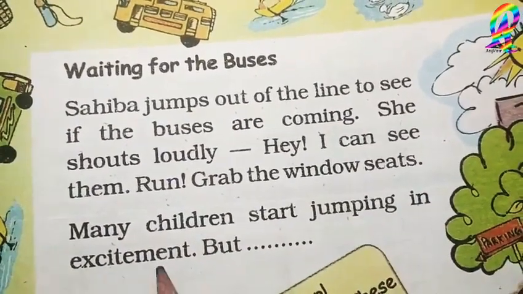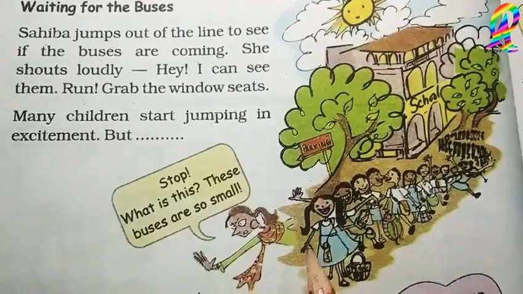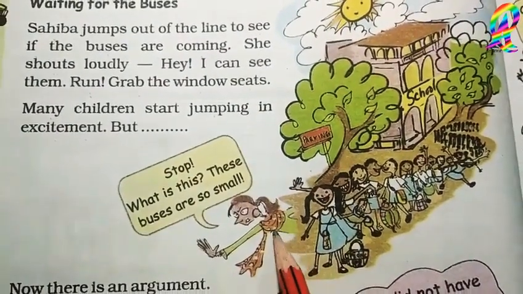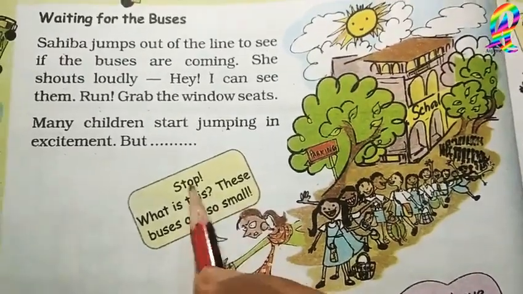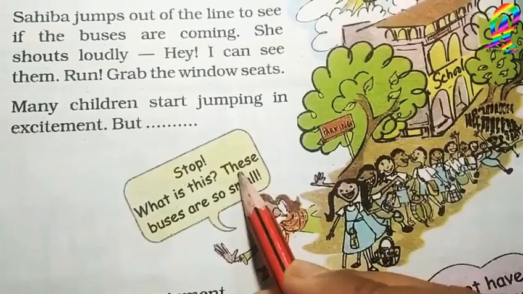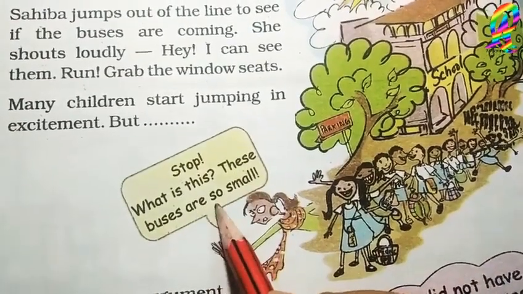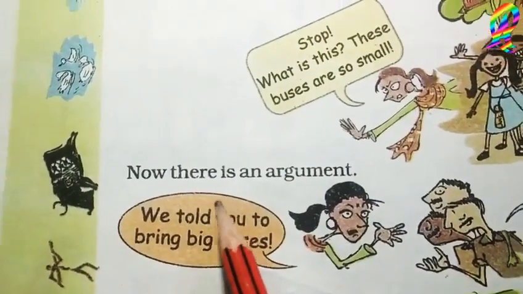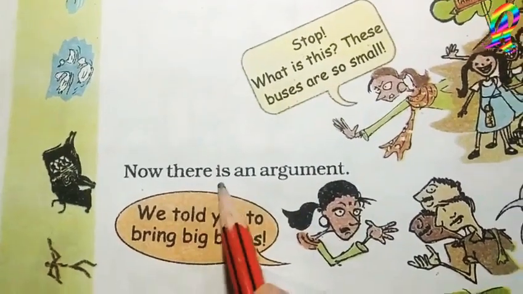But you can see here in the picture, Sahiba says stop. What is this? These buses are so small. Now there is an argument.